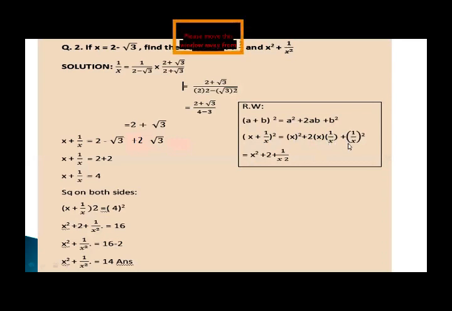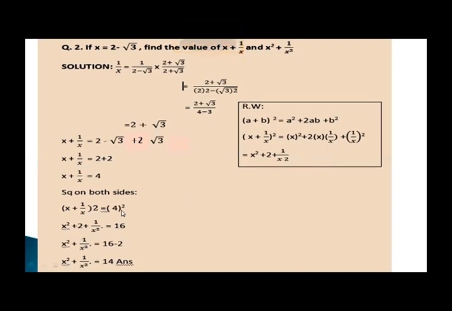Just see the middle term: 2 multiplied by x multiplied by 1 over x. What happened? x will cancel out and we have only 2. So x plus 1 over x whole square will be equal to x square plus 2 plus 1 over x square. This is the solution of your left hand side.